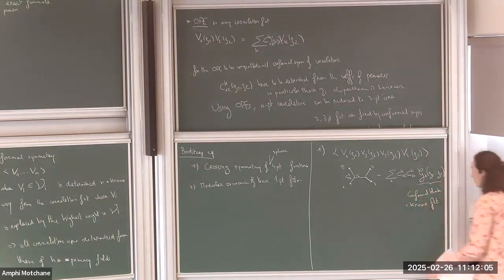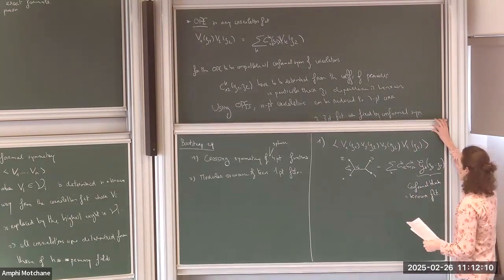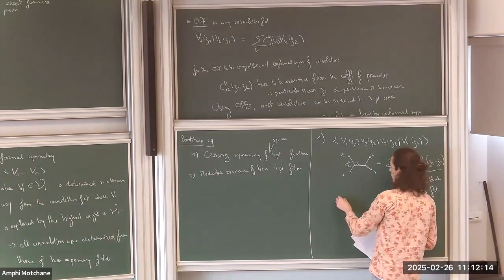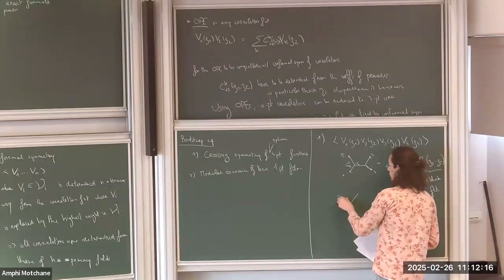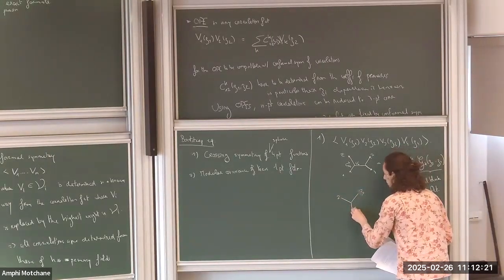So this is a known function. Right, so this is the first expansion I could decide to write for my four-point function, but I could have very well decided to first do the OPE of 2 with 3, get a certain field V_K here.